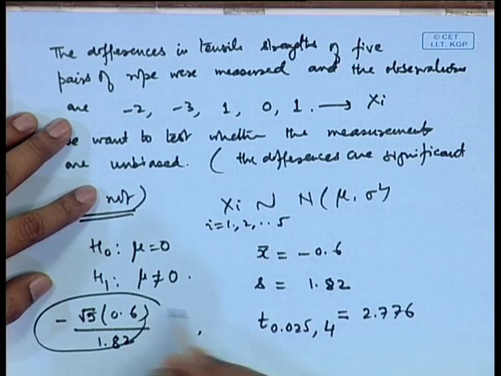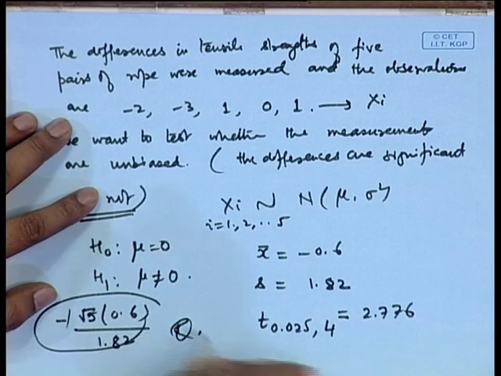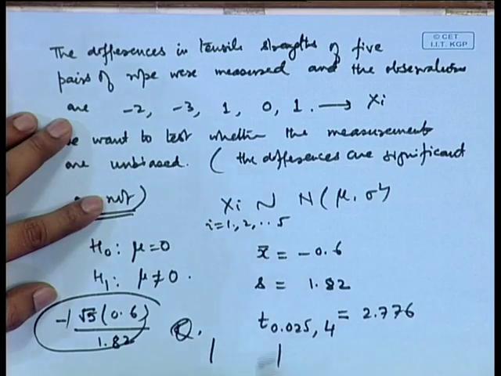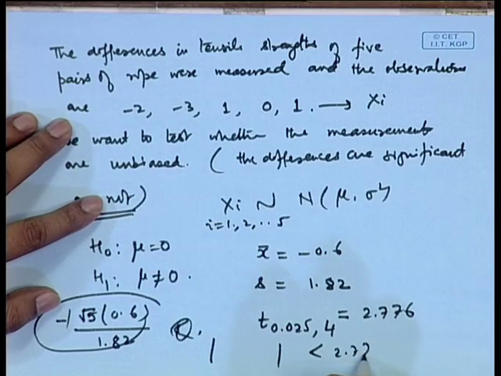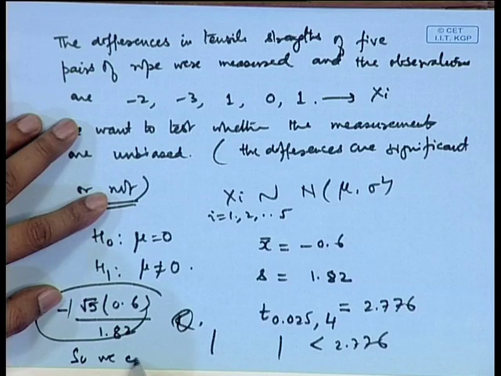Easily you can see that this value is less than this. Sorry, if I am taking the absolute value, it is less than 2.776. So, we cannot reject H naught.